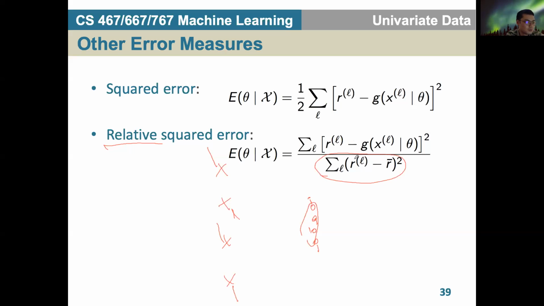And then you normalize by it. So for this, maybe their variance is 10 and your distance is 1. If your variance is 1, the distance is maybe 0.1, we still consider them relatively equal, as the error rate is equal. Because your absolute value range is just 10 times larger. So this is called the relative squared error. We normalize using the variance of the r you observe.